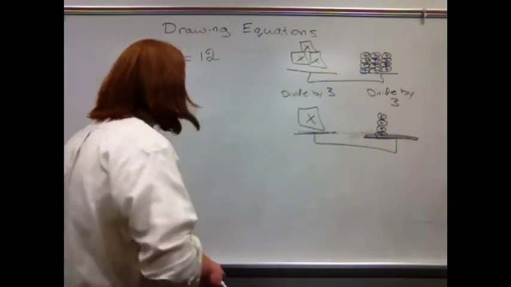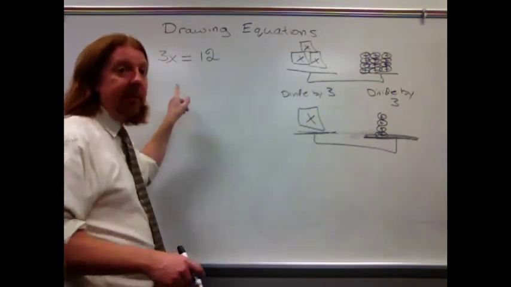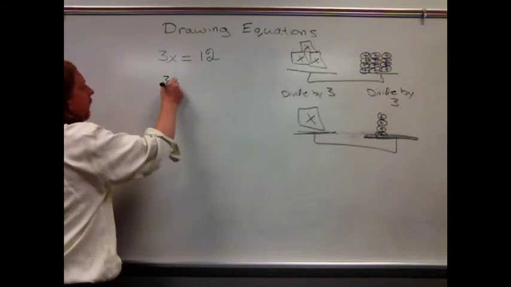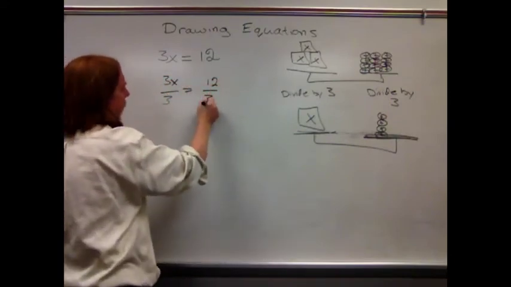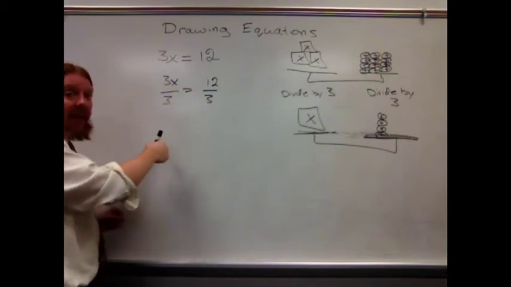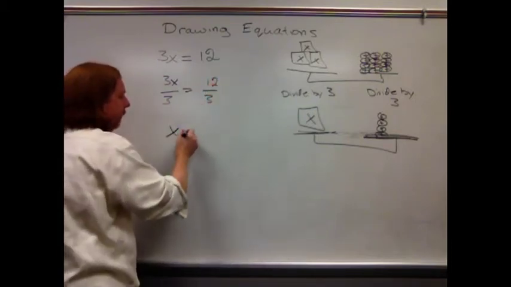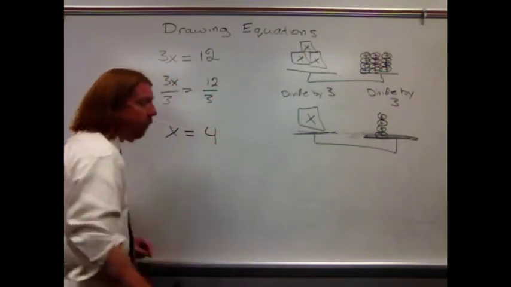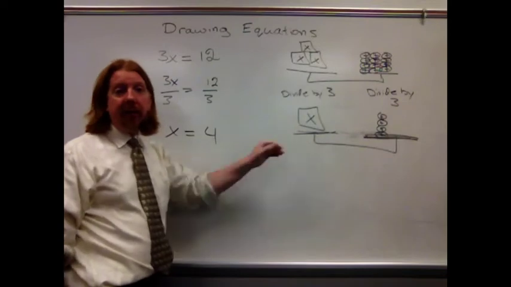So, let's do the algebra now. I'm going to divide both sides by 3. 3x divided by 3 equals 12 divided by 3. The 3's cancel, leaving me x. 12 divided by 3 is then 4. I can see my algebra matches my image.